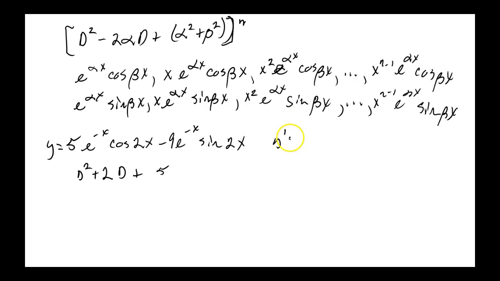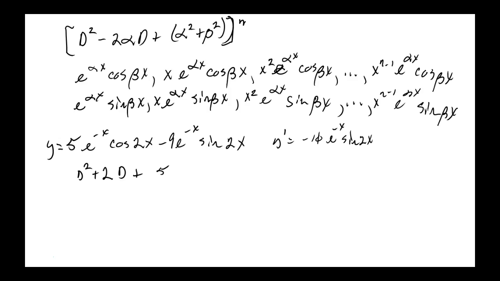Y prime is equal to product rule again, first times the derivative of the second would be 5 e to the minus x times a minus 2 sine 2x. So that would be a minus 10 e to the minus x sine 2x.